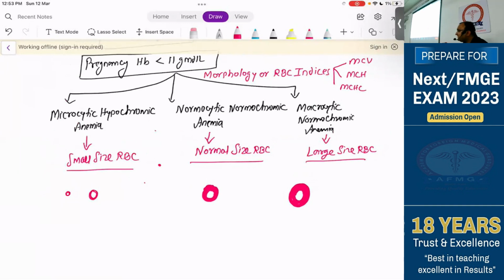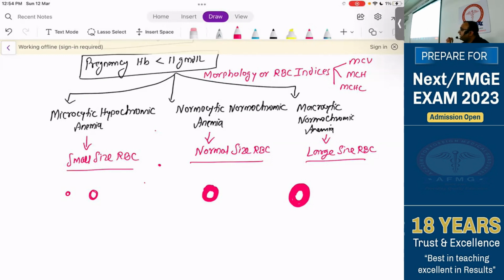So the important thing is that if you are comparing the size of RBC with any other RBC, then you are wrong. You cannot measure the size of any RBC if you are comparing it with another RBC. You have to compare it with one cell that is not going to change its size in various diseases. Okay, and the size of that cell should be like our normal RBC.